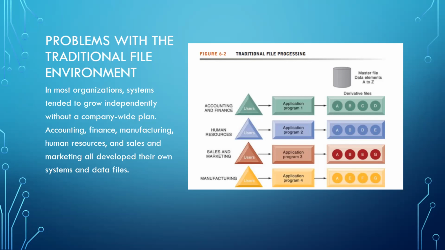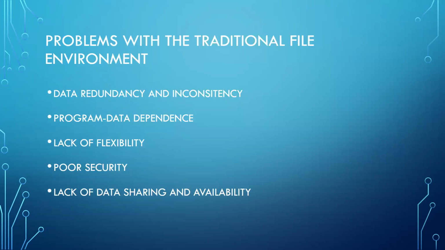So for example, each functional area, the finance, accounting, human resources, each application requires a unique data file that is likely to be a subset of the master file. The subsets of the master file lead to data redundancy and inconsistency, processing inflexibility, and wasted storage resources. So here are the problems with the traditional file environments.